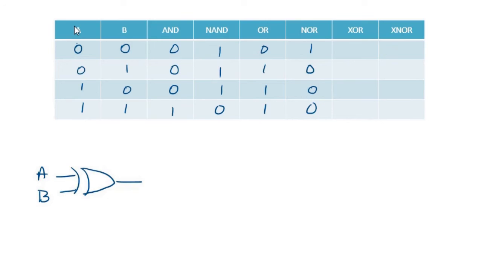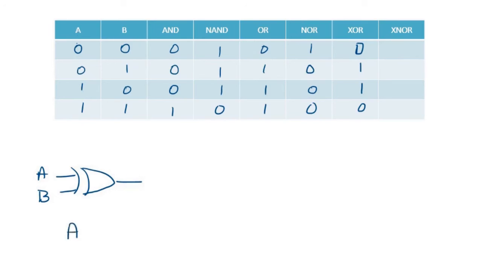In this case, exclusive OR, we've got a true output if A or B, but not both, are 1. So in the case where B is 1, but A is 0, XOR gives me a 1. Where A is 1, but B is 0, XOR gives me a 1. But where both A and B are 1s, I get a 0. So there's the big difference between OR and XOR.